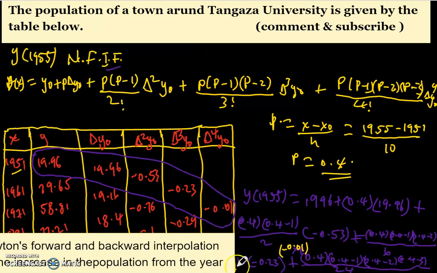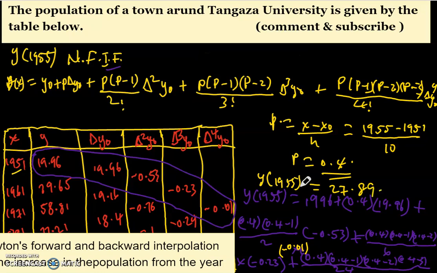When we plug in all our values in this given formula, y of 1955 will simply give you 27.89.